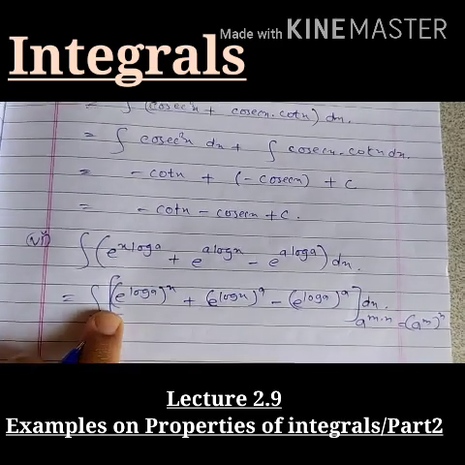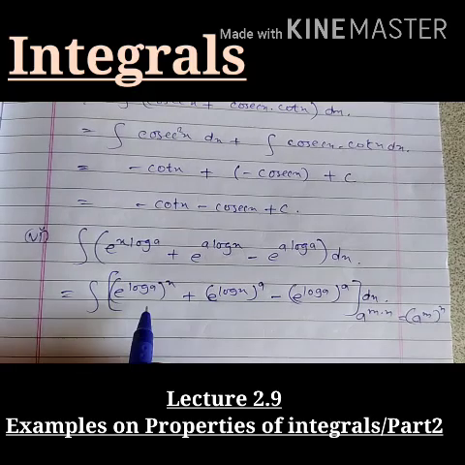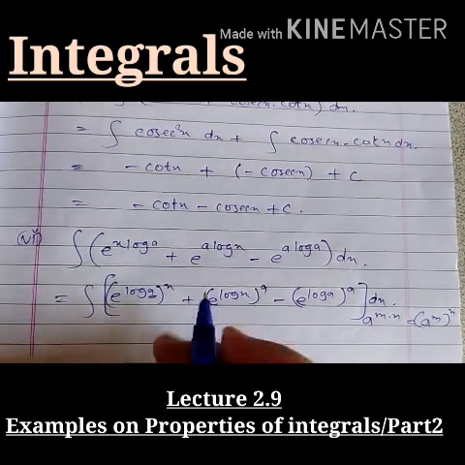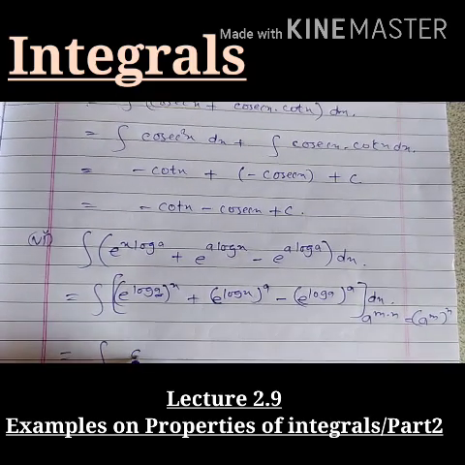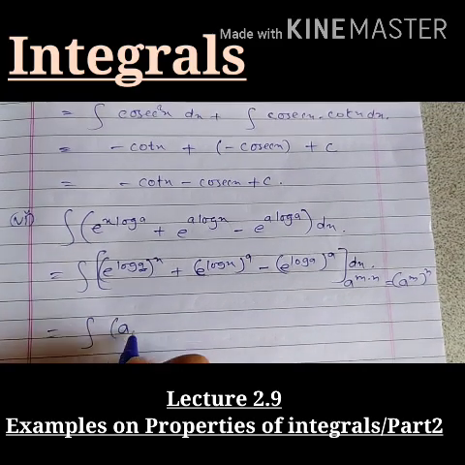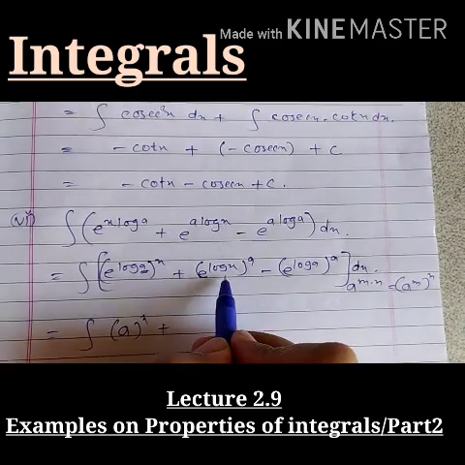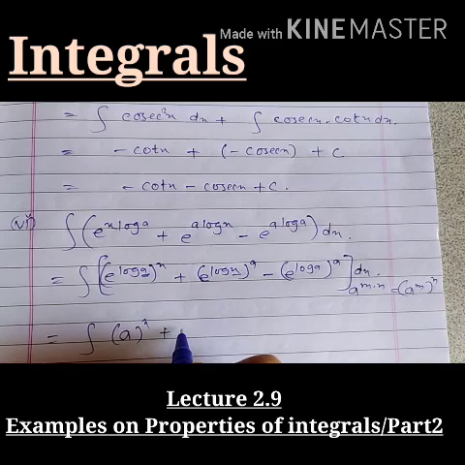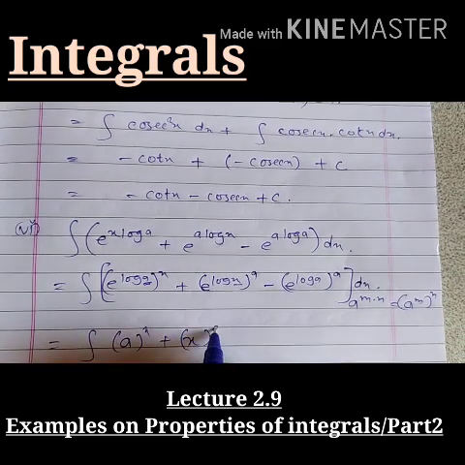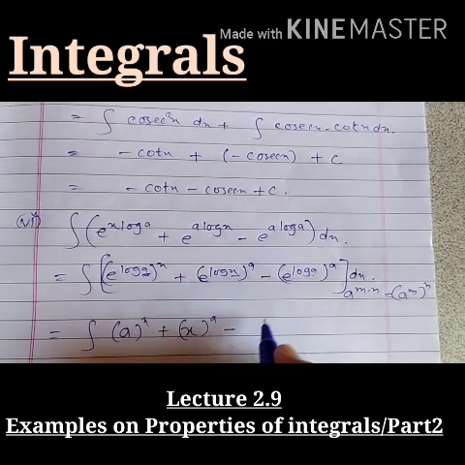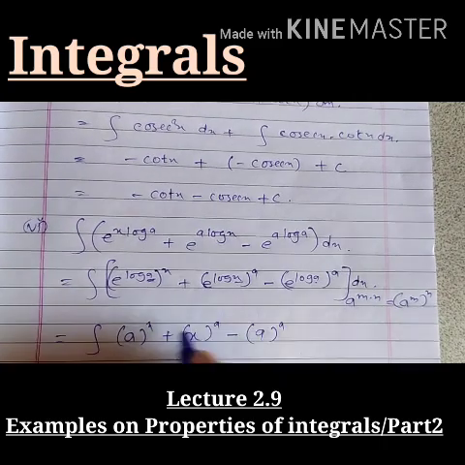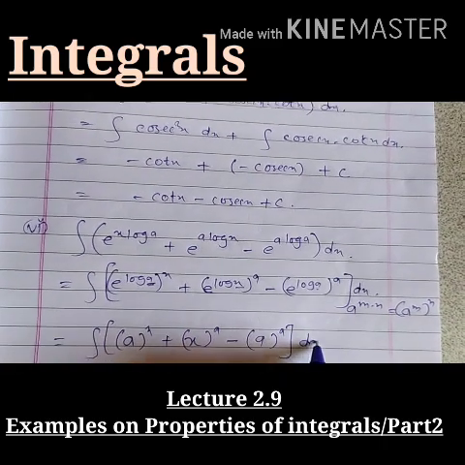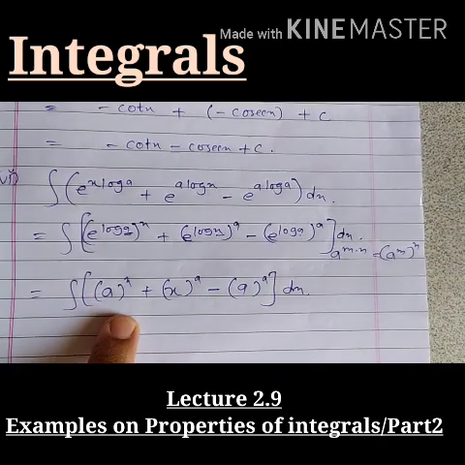Now e to the power log to the base e will be the same function, so can we write this as a raised to x, plus here also only x will be there, so x raised to a, minus here also only a will be there, so a raised to a dx. Now we can solve the integral for this.